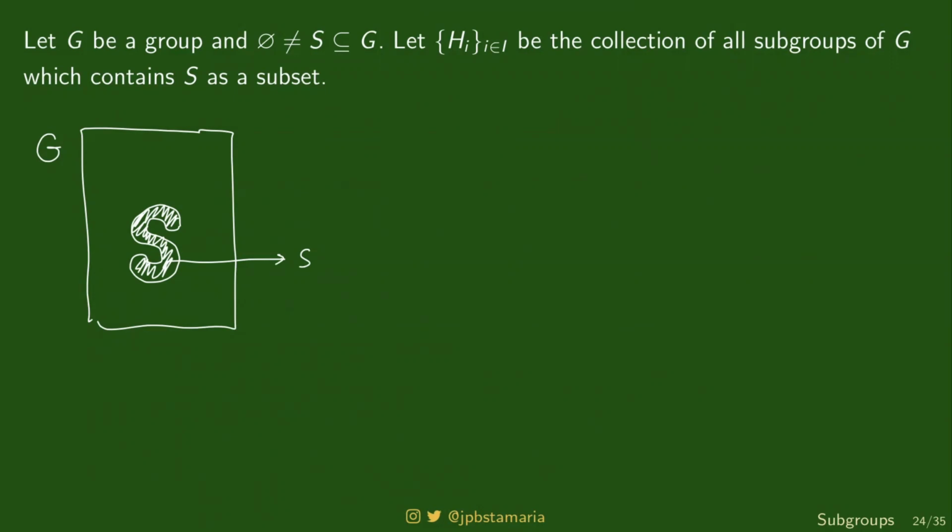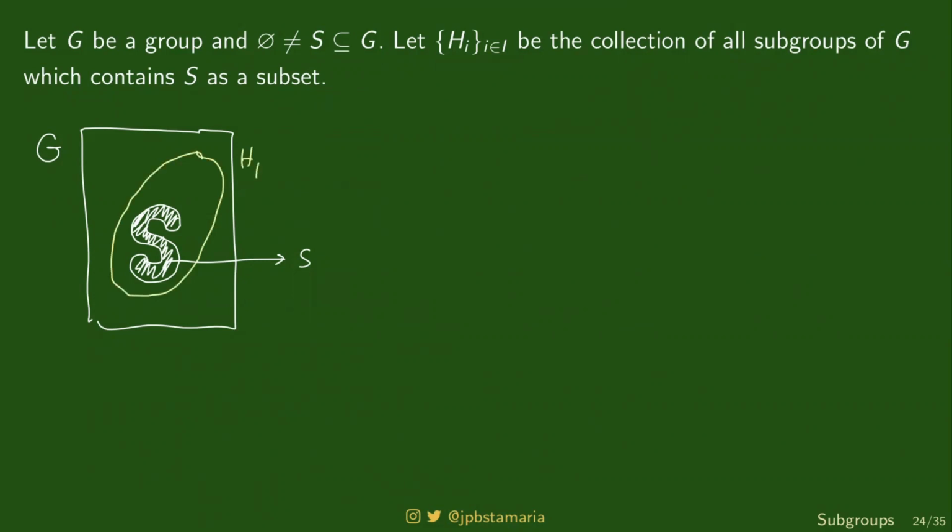Kunin ninyo lahat ng mga subgroups ng G na nagko-contain kay S as a subset. Ibig sabihin, kung yung subgroup kino-contain si S, kasama siya sa bilang. Parang kung isi-census natin lahat ng mga subgroups, sino-sino sa inyo ang mga nagko-contain kay S? For example, there may be a subgroup H1 right here.